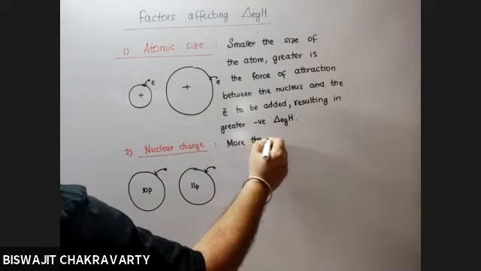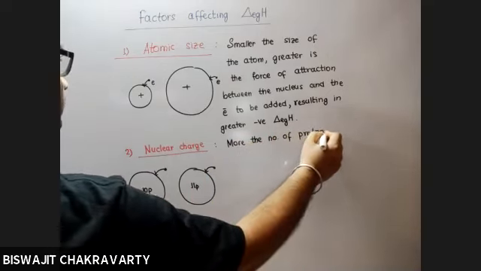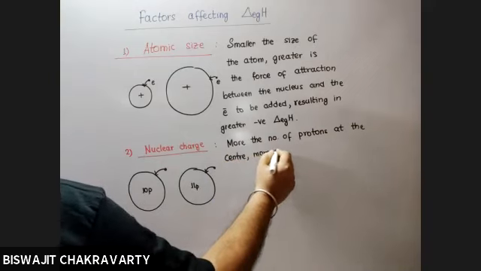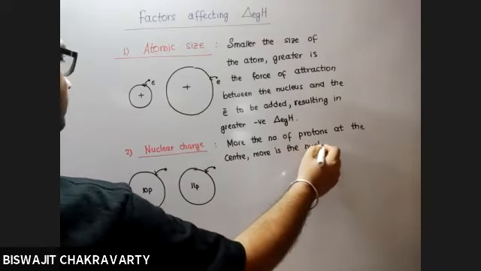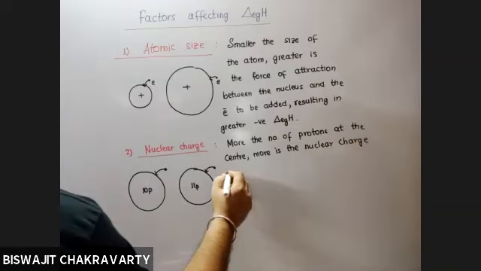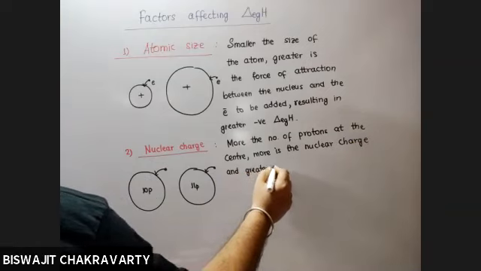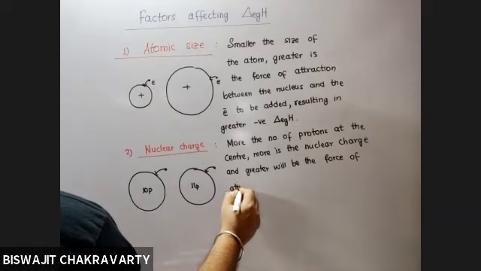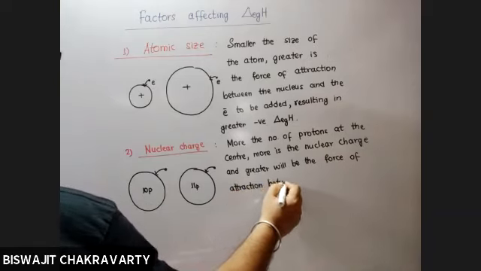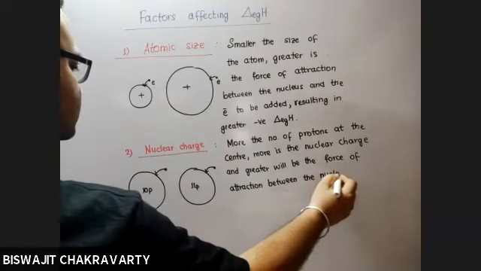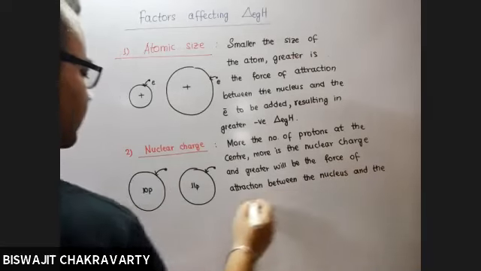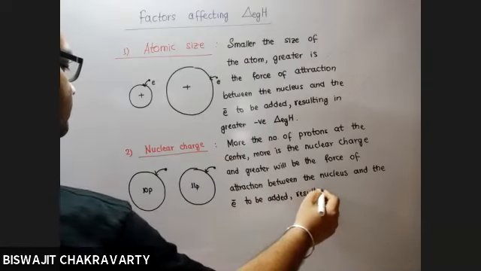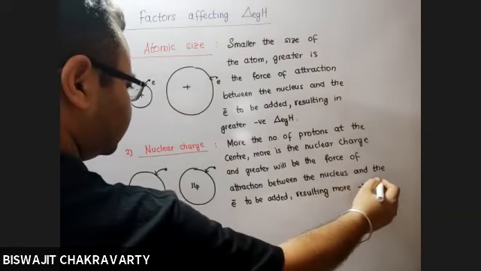The more the number of protons at the center, the more is the nuclear charge, and greater will be the force of attraction between the nucleus and the electron to be added, resulting in more negative delta EGH.